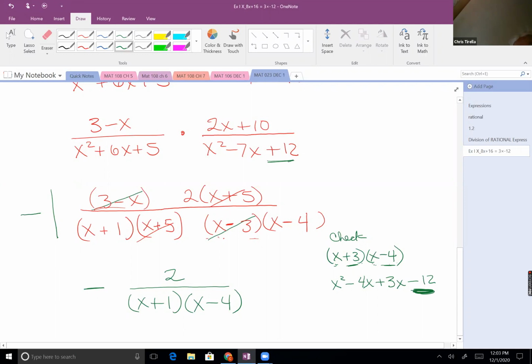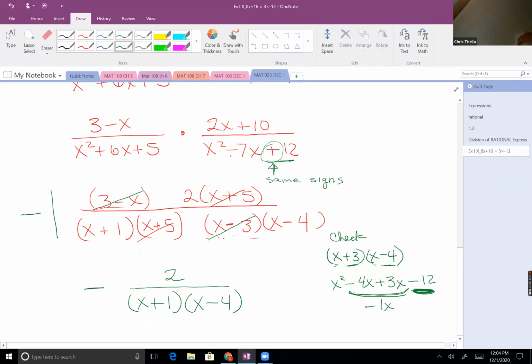And we wanted a positive 12. And secondly, with the different signs, do you see how it gives you minus 4 plus 3? That would add to negative 1, not 7. So instead, whenever that last term is positive, it tells me that my two binomials have to have the same signs.